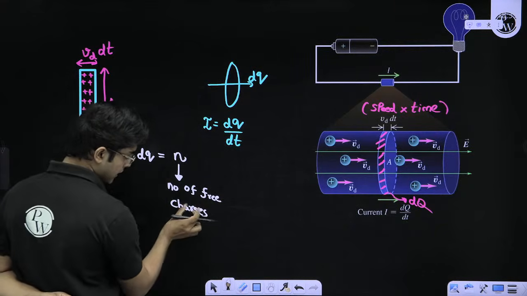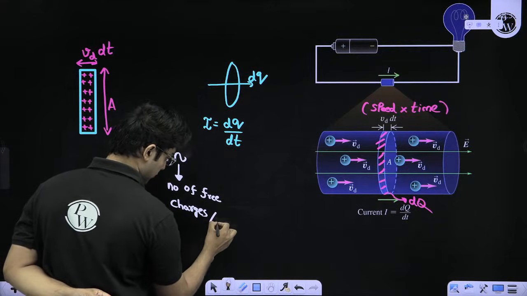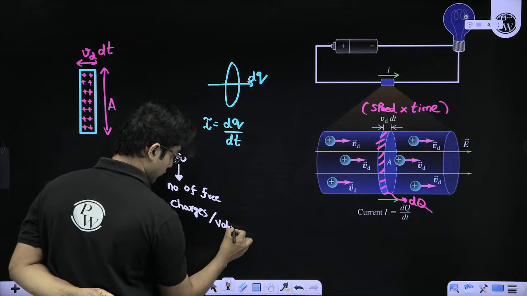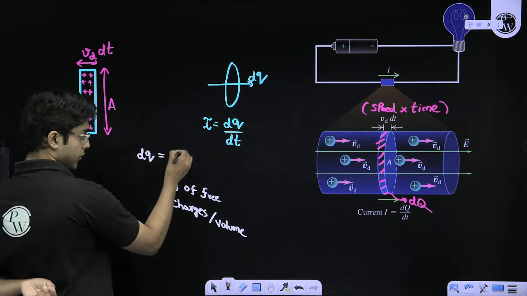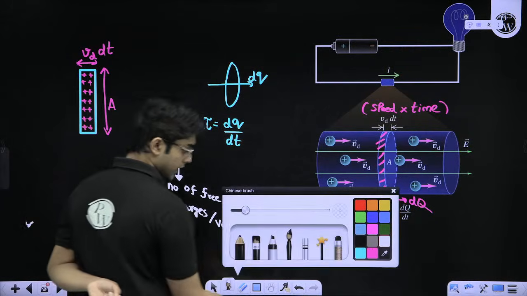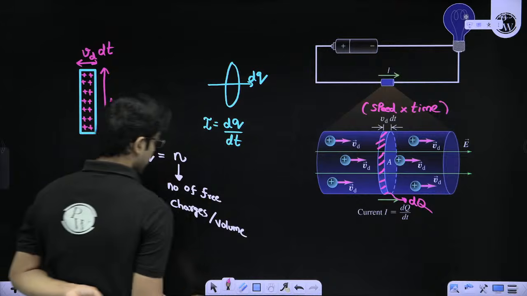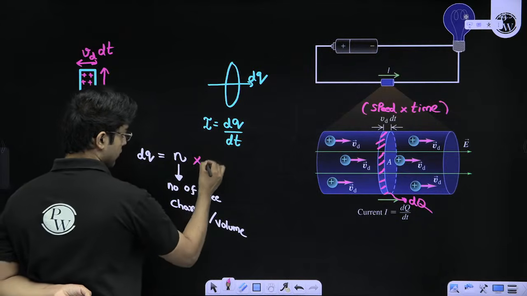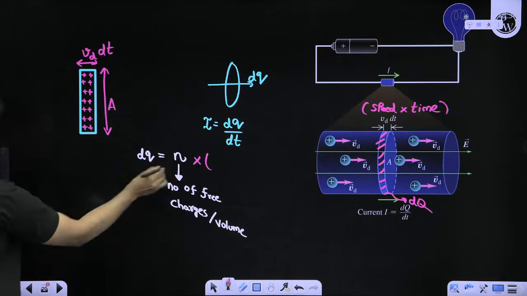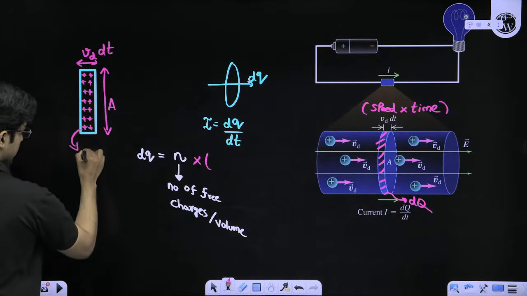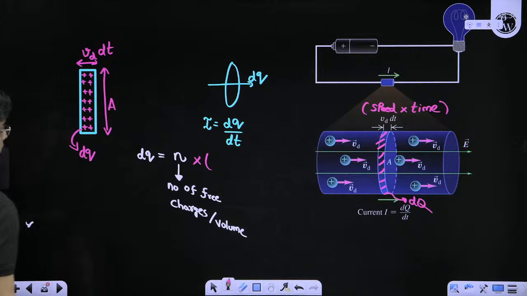So n is the number of free charges per unit volume. Then we multiply this with the volume, this particular cylindrical volume. This will give me the charge present in this cylindrical volume.